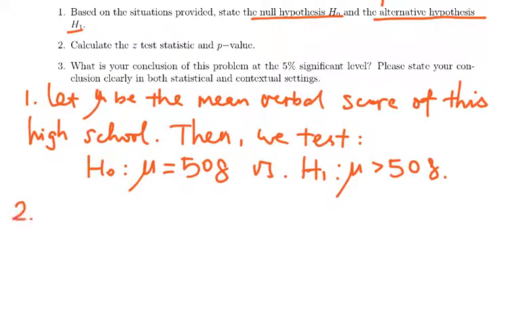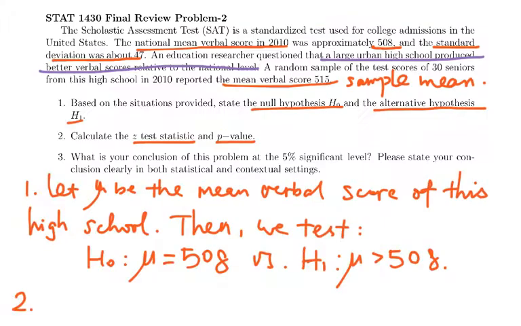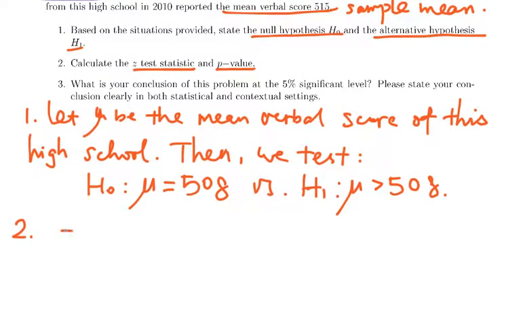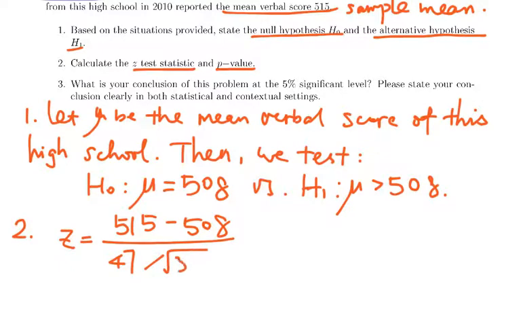And the second part, we're going to calculate the z-test statistic and the p-value. To find the z-test statistic, z is equal to the observed sample mean, that is 515, minus the population mean, that is 508, divided by the standard deviation, which is 47, divided by square root of 30.